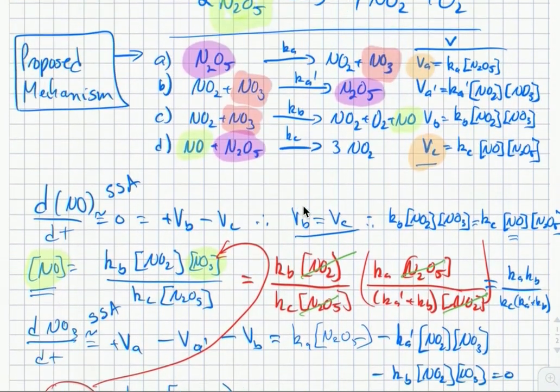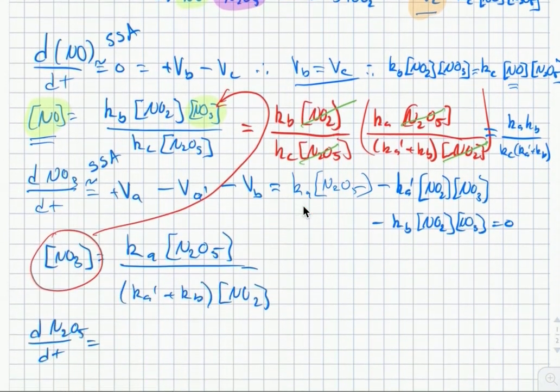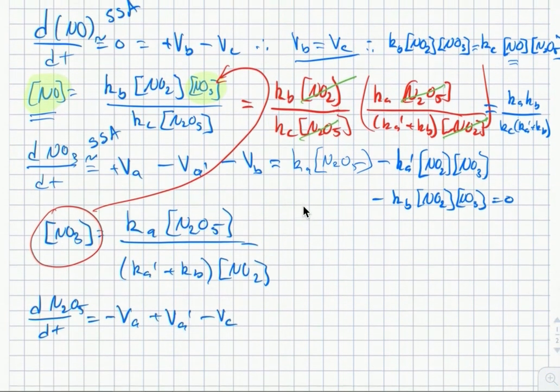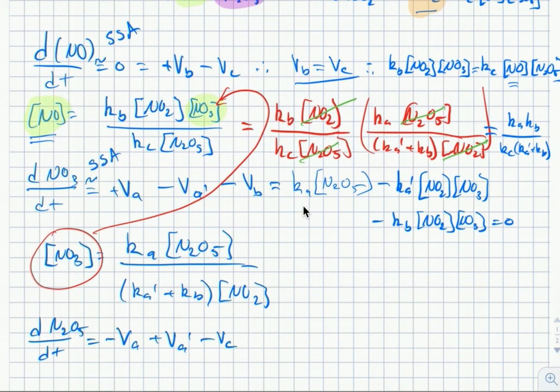So down here I'll say VA is going to be negative, VA prime is going to be positive, and VC is going to be negative. Now what we need to do is see if we can simplify this before we start putting in expressions for VA, VA prime, and VC.